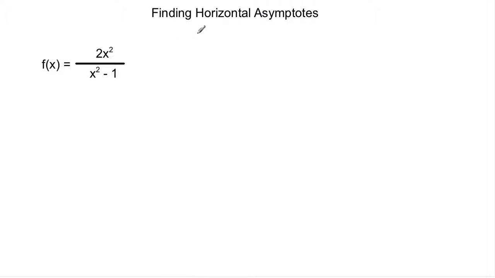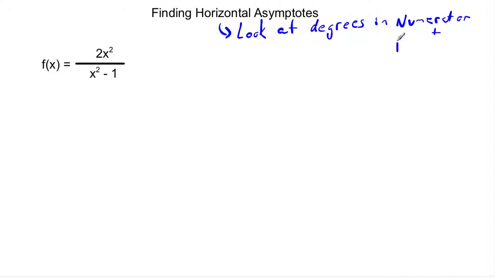Now, horizontal asymptotes, there are 3 rules. We want to look at the degrees in the numerator and in the denominator.